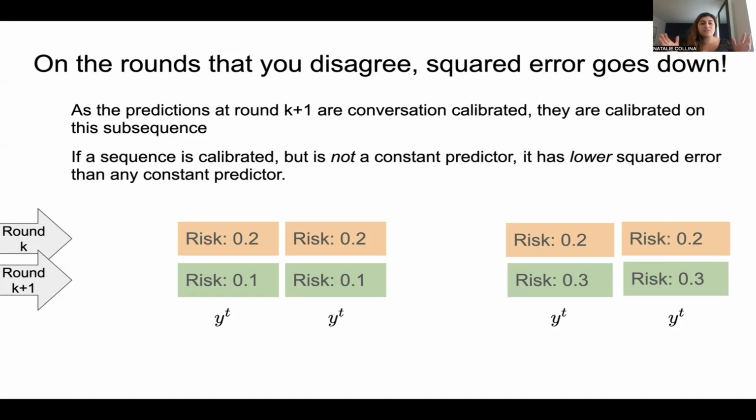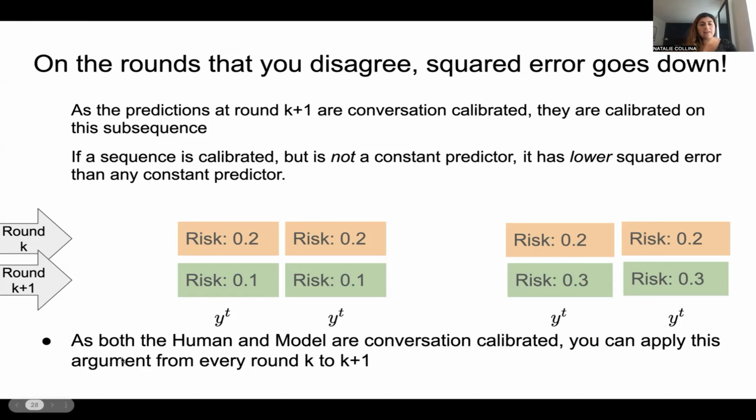Or on 2/3 of the time, which is mostly ones, say it's 3/4, and the other time say it's 1/4, or some math like that. The idea is that anything you do that is also calibrated but has more refined level sets than just predicting the same thing all the time is always going to be more accurate. So what that means is if you are calibrated around K plus 1, then if you're not agreeing most of the time with round K, it must be because you are actually doing something smarter, something that is decreasing the squared error.